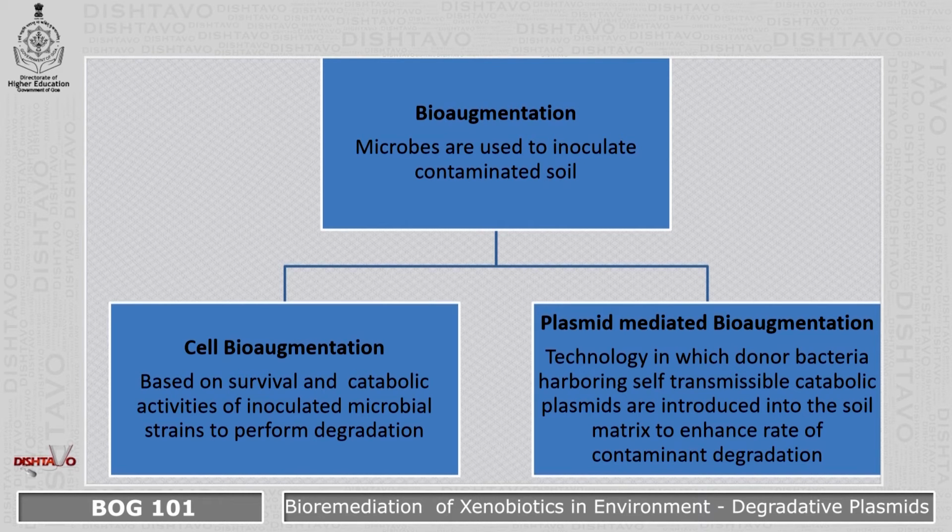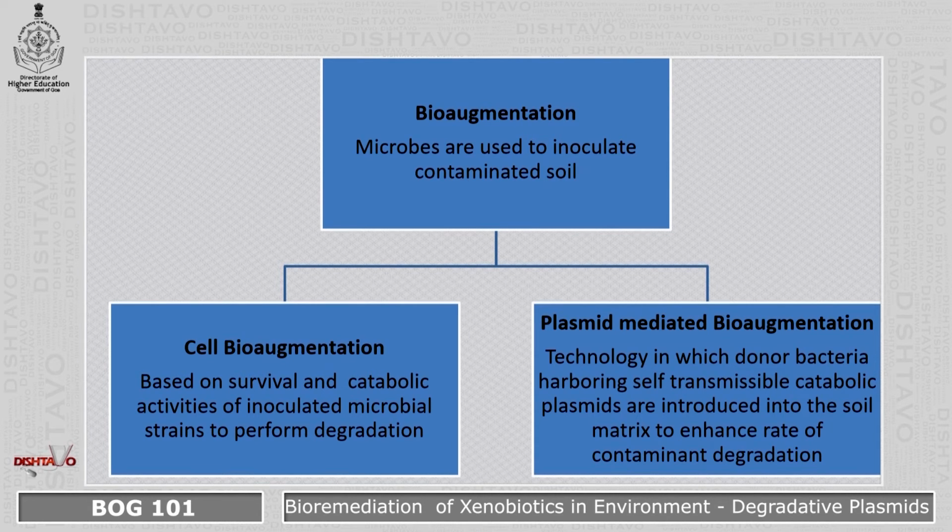In this augmentation, there is a further classification: cell bioaugmentation and plasmid mediated bioaugmentation. Cell bioaugmentation is based on the survival and catabolic activity of inoculated microbial strains to perform degradation.